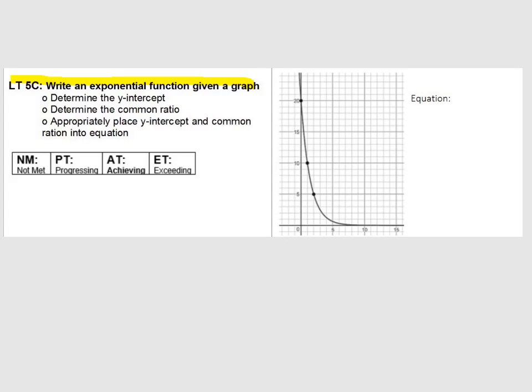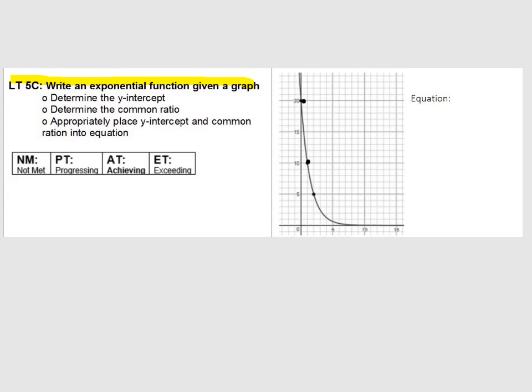Here we know the success criteria is determine the y-intercept, then determine the common ratio, and appropriately place this into the equation. So if you look at your example off to the right, I notice there's a dot here and a dot there. In order to determine what your y-intercept is, you are going to look on your y-axis.